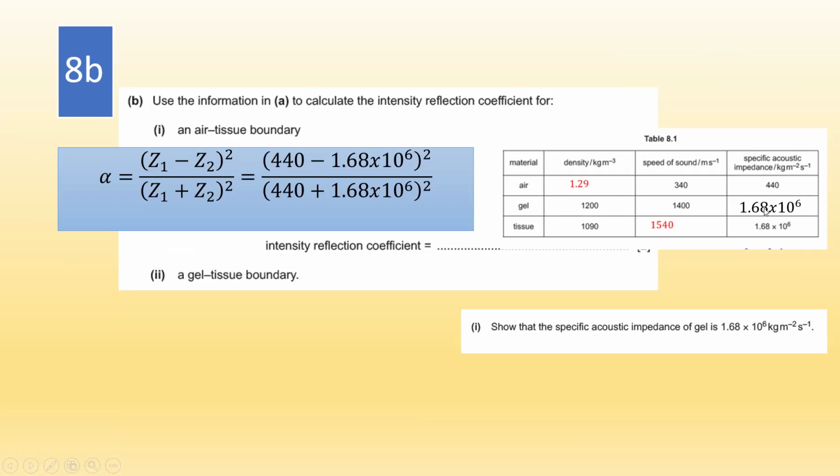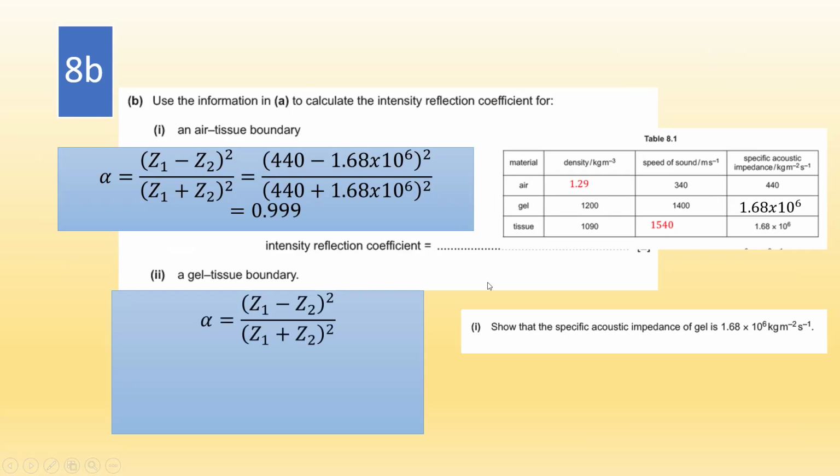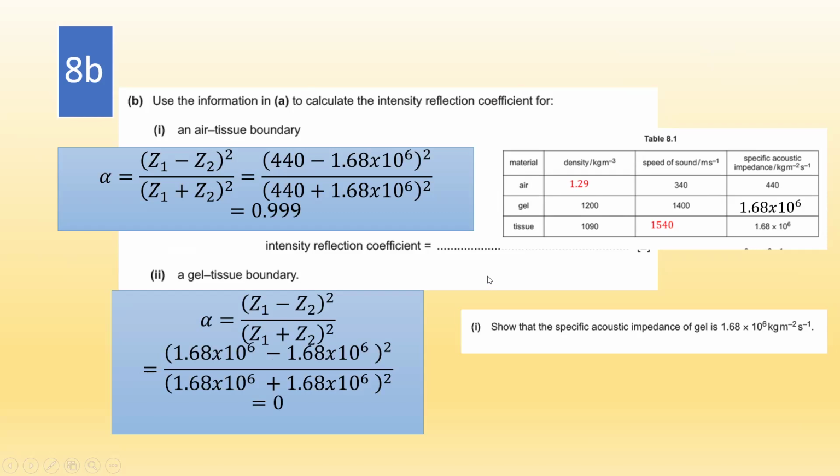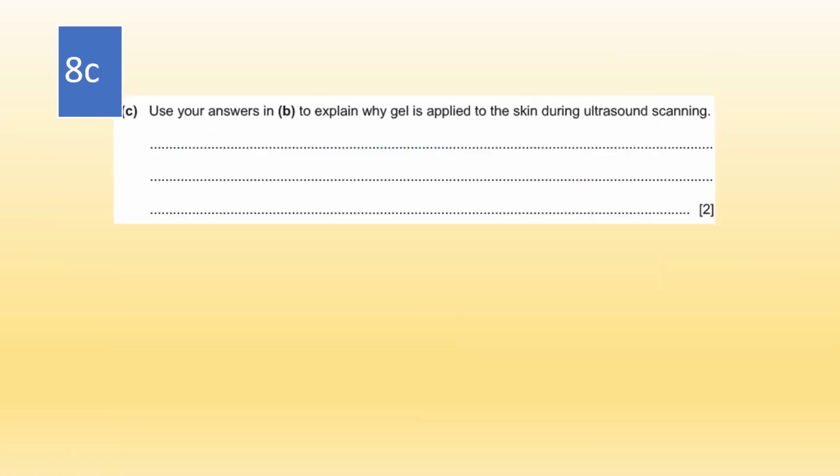Z1, Z2, 0.99. Gel and tissue, approximately 0. Okay, any comment? Okay. Mark yourself.